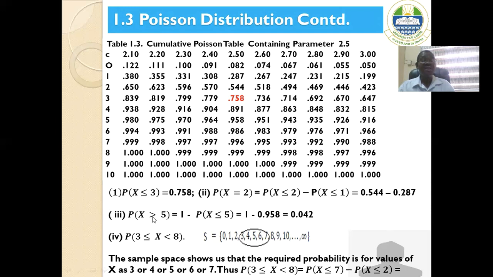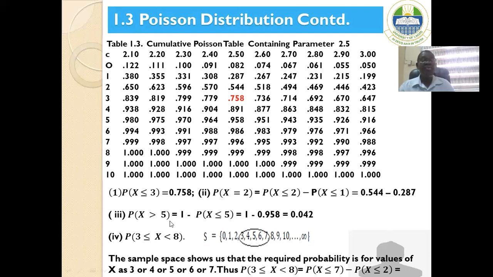What of the probability that x is greater than 5? As we saw in the binomial, the probability that x is greater than 5 means x cannot be 5. x can be 6 or 7 or 8 or 9 or 10, up to infinity.